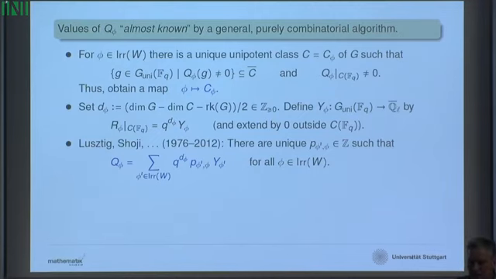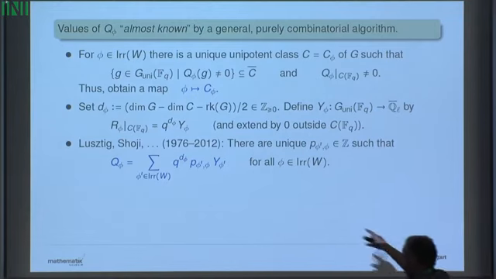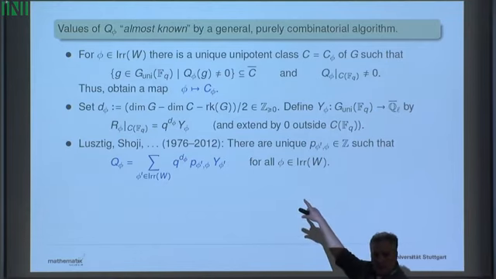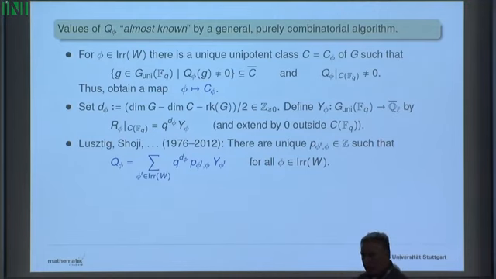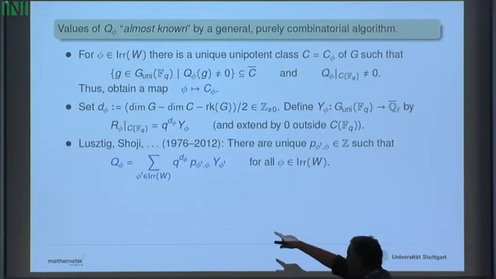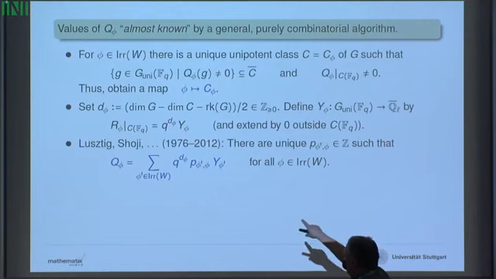To get rid of all these conditions was finally achieved by a paper by Lusztig in 2012. So we can state it now without any condition. It works for all p, q, for all groups. You can express the Q phi as linear combinations of these functions Y phi, and you have these coefficients there simply.